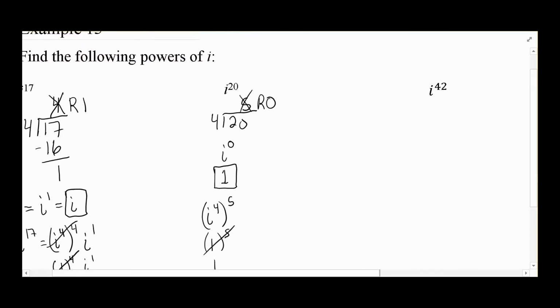We could go as high as i to the 42nd. We can go higher than that for that matter, but the process stays the same. We say, how many times does 4 go into it? Well, it goes in 10 times, and the remainder is 2. With a remainder of 2, that tells me I'm equivalent to i squared. i squared is equivalent to -1.